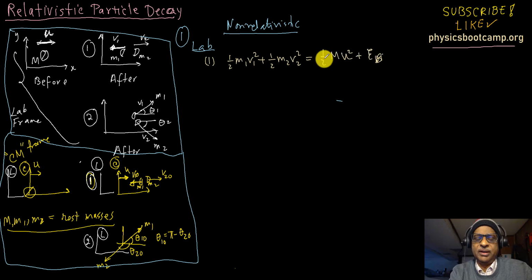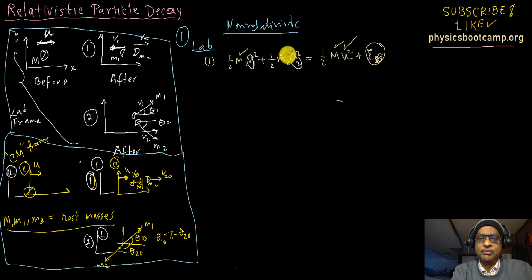So there's a whole bunch of knowns here. Maybe this is given, maybe the masses are given. And there are like three unknowns here. So we need more information.